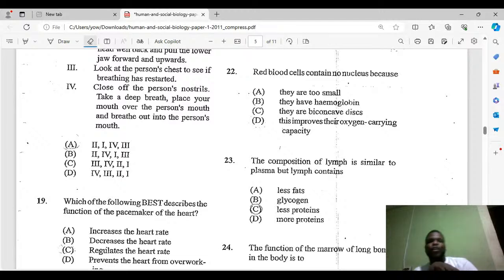Therefore, plasma would have more protein because plasma wouldn't be filtered as yet. Plasma would be a part of the regular blood, and the lymph would be already filtered, so the lymph would have less protein.